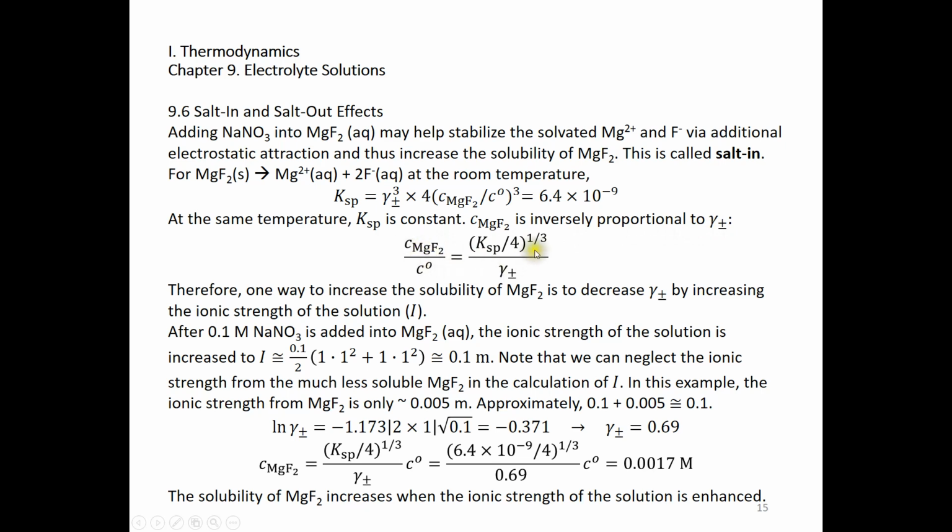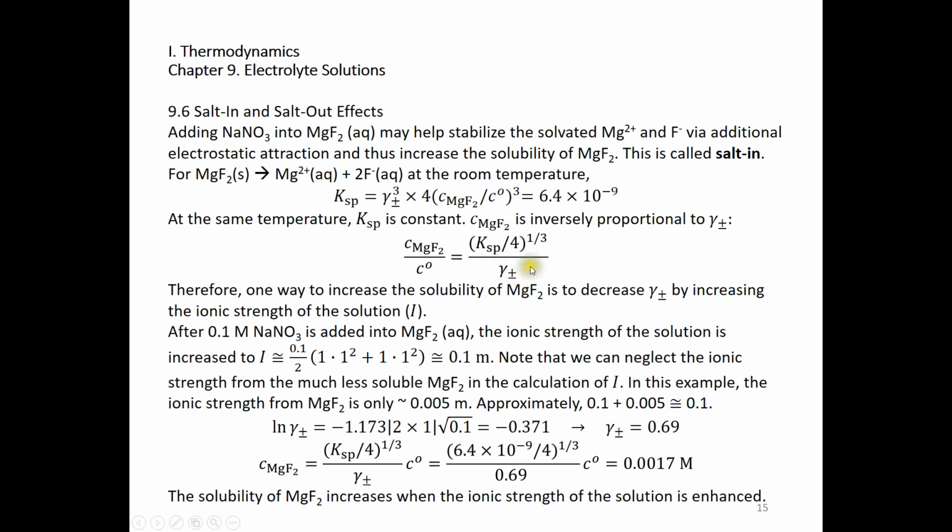Mathematically, we can also rewrite this equation: the concentration of magnesium fluoride over C0 is simply the cubic root of Ksp over 4, divided by gamma plus minus, the mean ionic activity coefficient.